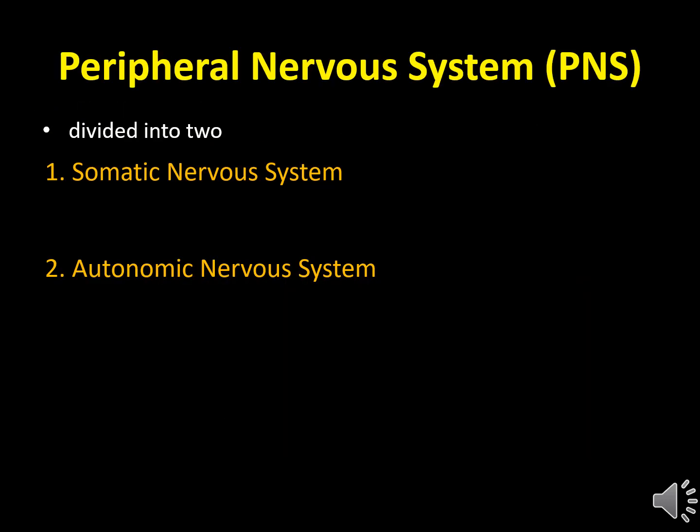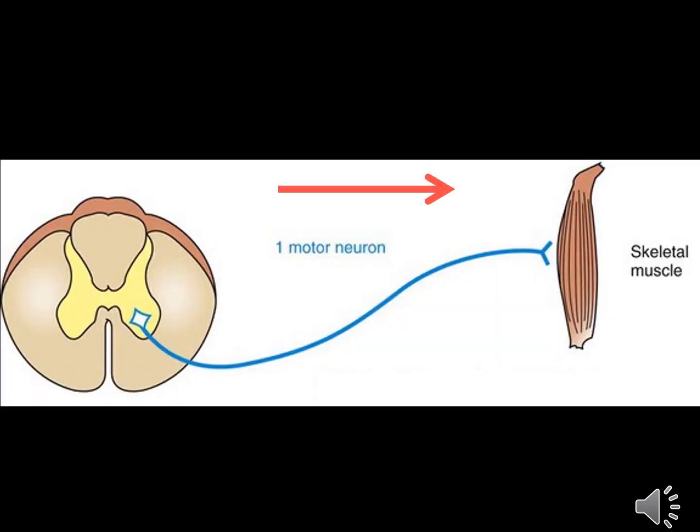The second part of the nervous system is the peripheral nervous system. The peripheral nervous system can be divided into two: the somatic nervous system and the autonomic nervous system. The somatic nervous system transmits impulses from the central nervous system to skeletal muscles.